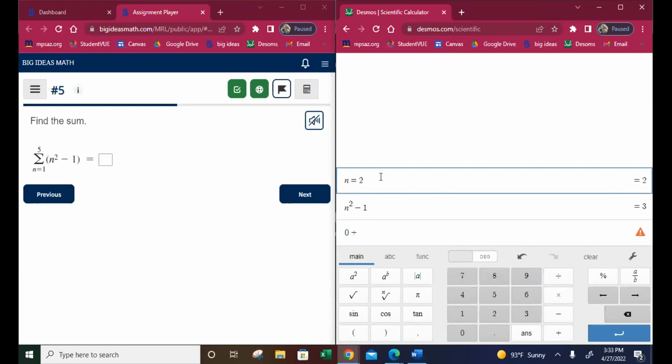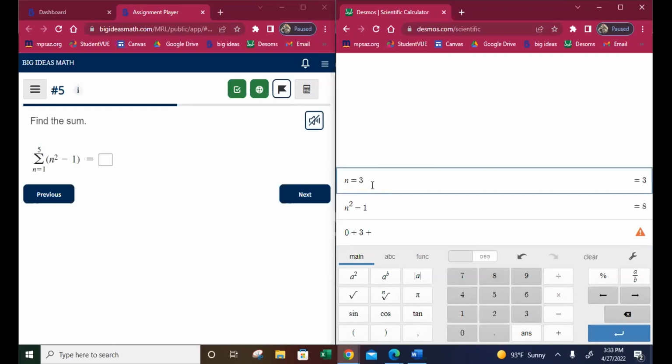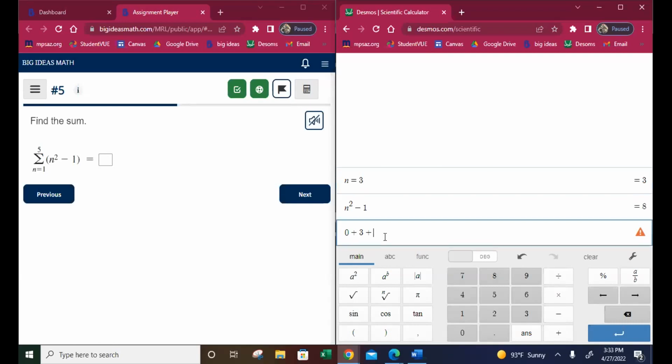Now what is the next output? Do you see how it's 3? So put a 3 there, plus. And then do it again for n equals 3. Okay, and then put the 8 down there.